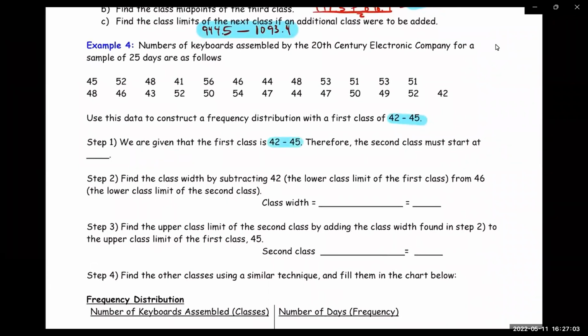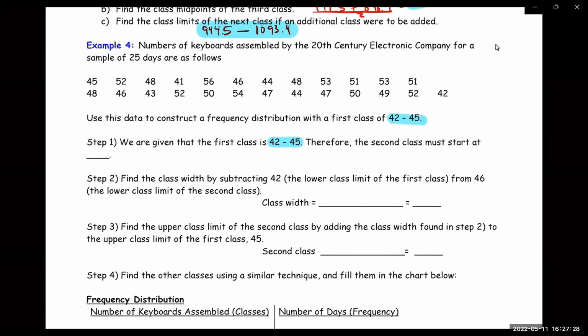Therefore, the second class must start at, let's see, how do we determine if we don't know the class width? That's interesting. Oh yeah, that was my fault. So to get the next one, the next number after 45 would be 46.